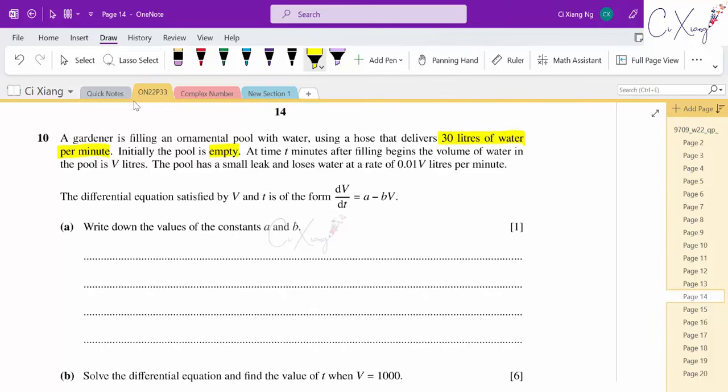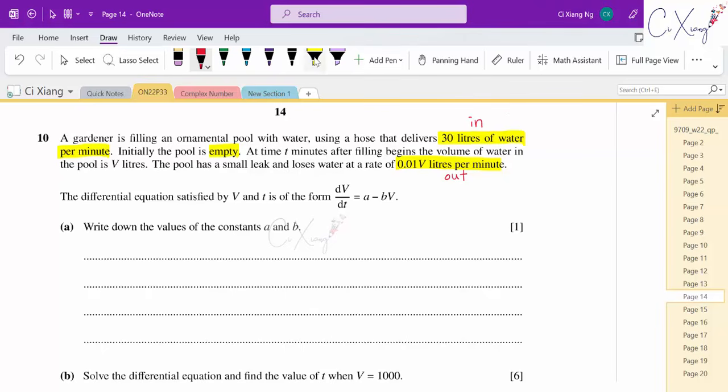And then at time t after filling begins, the volume of water in the pool is V liters. The pool has a small leak and loses water at the rate of 0.01V liters per minute. So you can see that water fills into the pool at the rate of 30 liters per minute, and after that, we are having a small leak, which is 0.01V liters per minute.